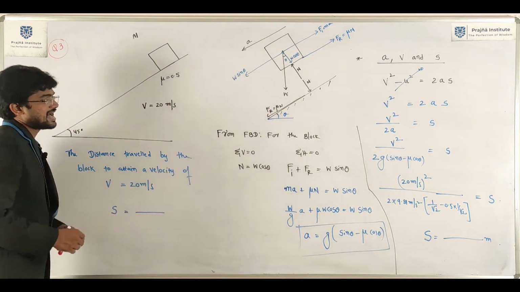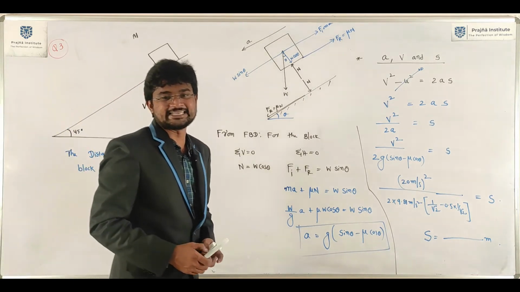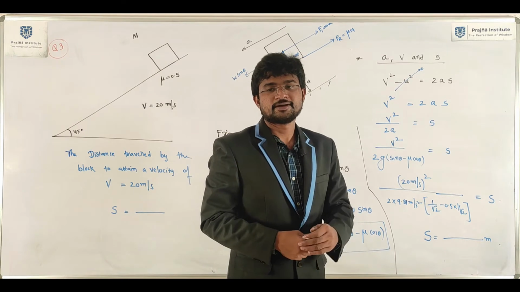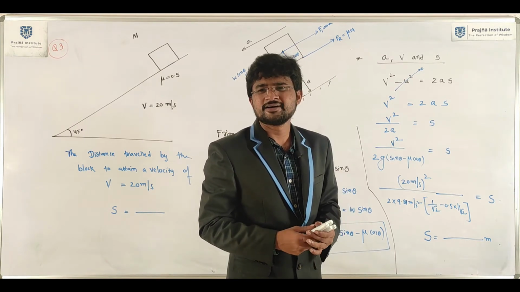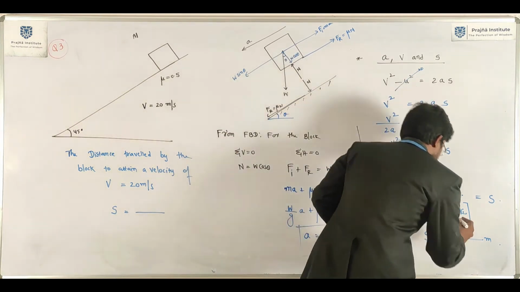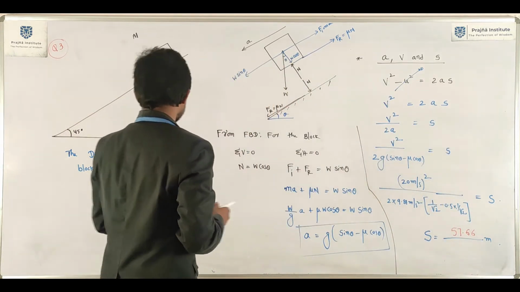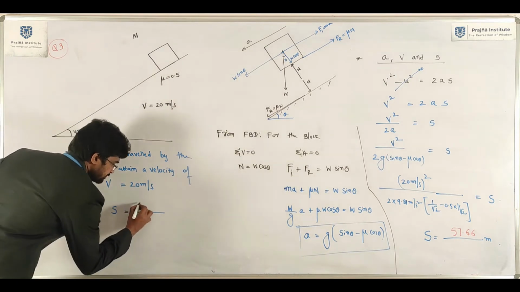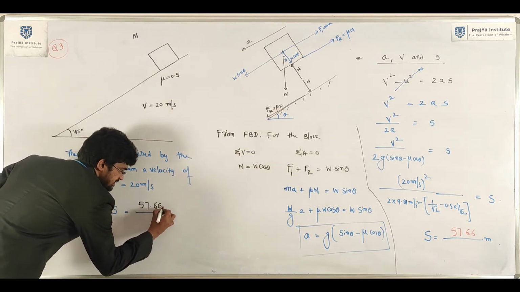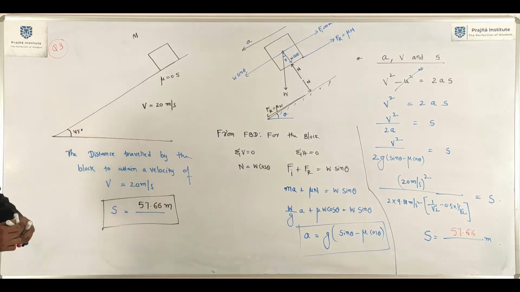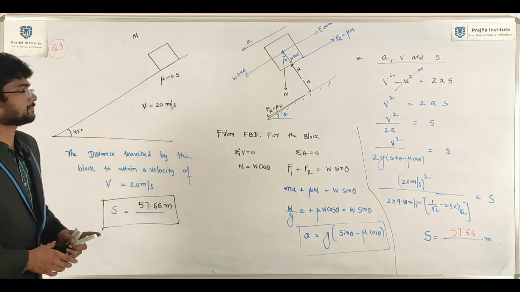How much is this? Check it out. Yes, exactly, 57.66 meter. This is the distance traveled by the block to attain a velocity of 20 meter per second.